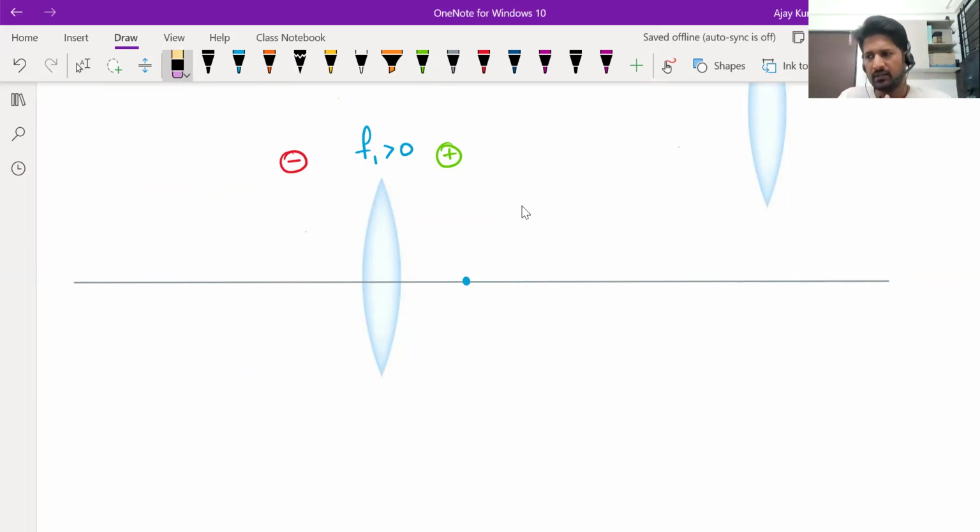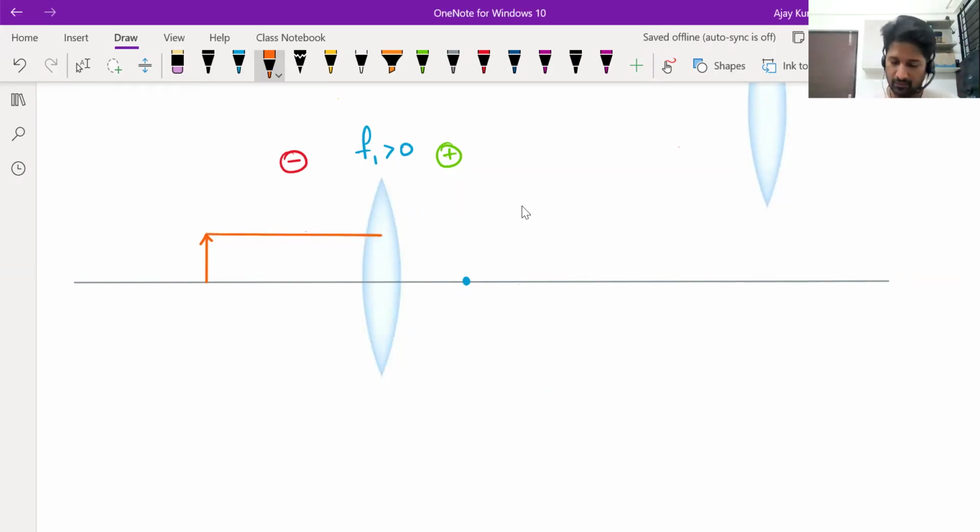That's fine. But how do we do ray tracing for an image which forms at the focus? As usual, suppose there's an object somewhere here. We take two rays from the tip of the object, right? We take one ray like this.